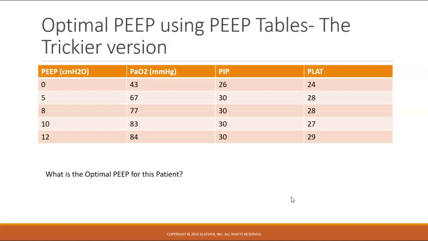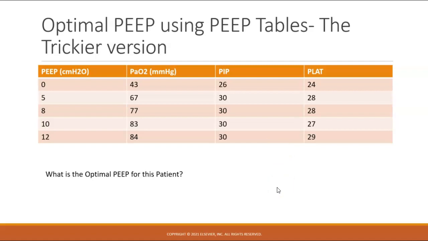But if you think about this in terms of I'm on volume control ventilation, my volume's always staying the same. So the information about compliance on this chart will really be my driving pressure. Remember, we talked about driving pressure last week and in lecture part 1. And we want that driving pressure to be less than 15.